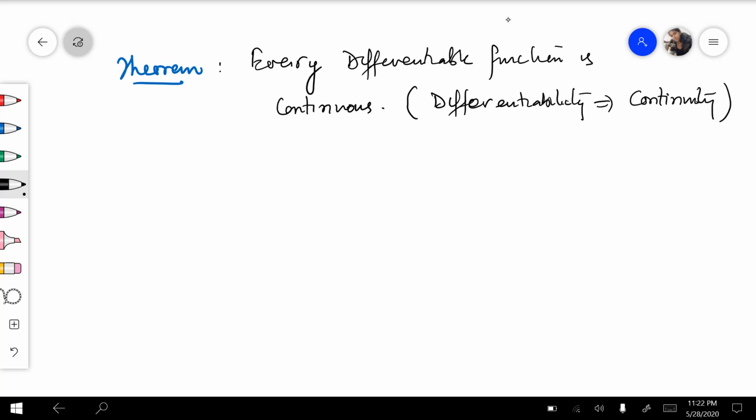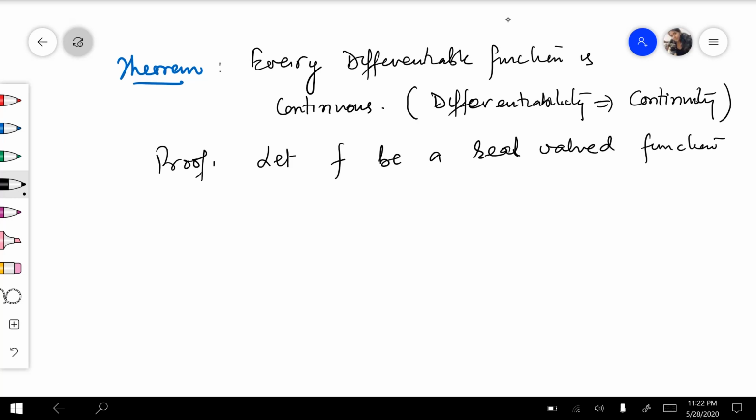So for this, we are assuming let f be a real valued function on an open interval (a, b).